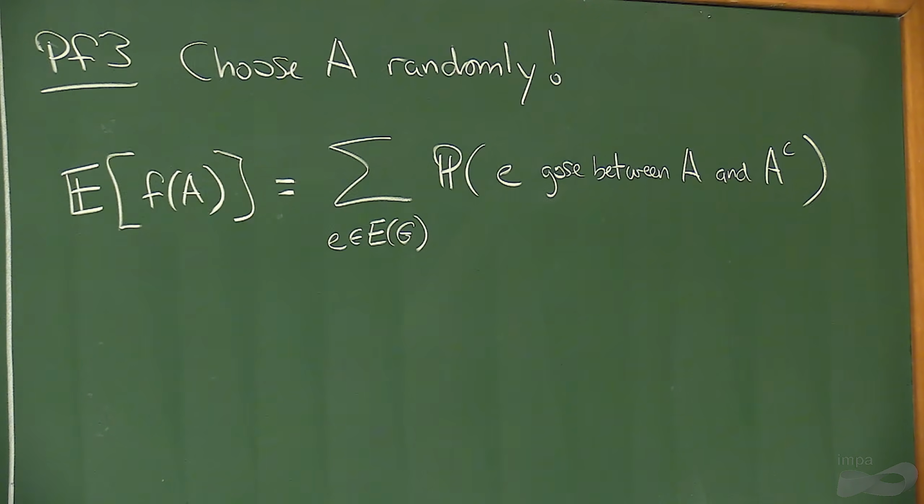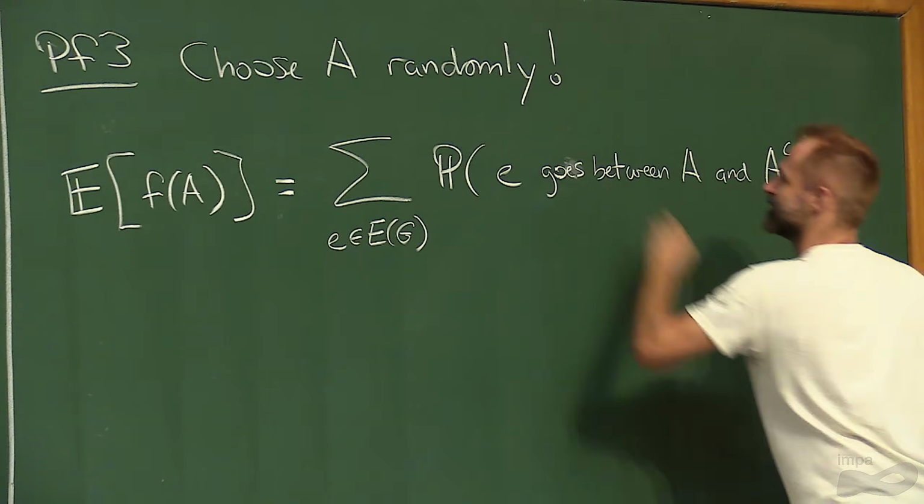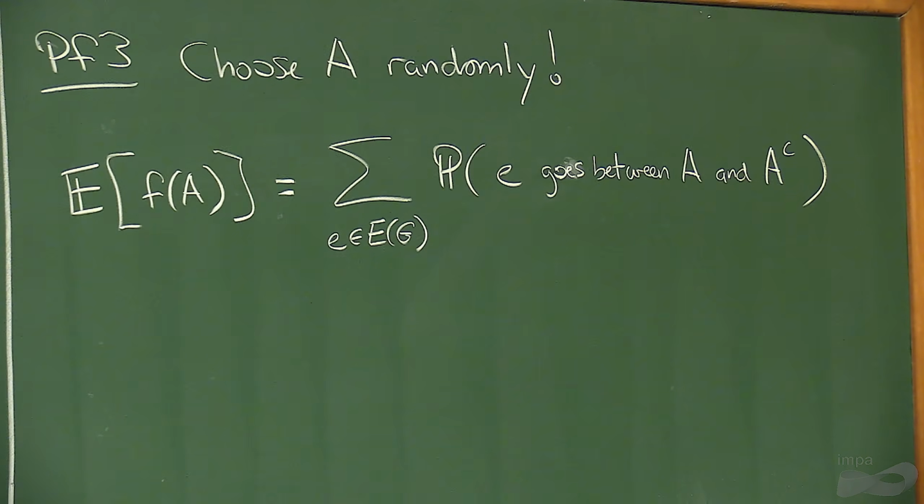So we'll talk a bit more about this later. This is a magic property of expectation. E goes between A and A complement, meaning it has one endpoint in A, the other in A complement. To calculate the average, you just sum over all edges that can contribute the probability it contributes. Now, what is this probability?